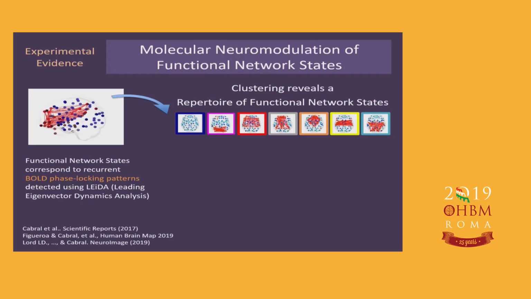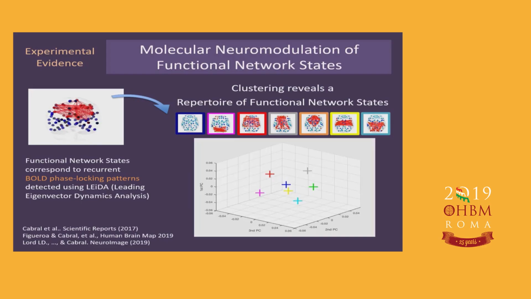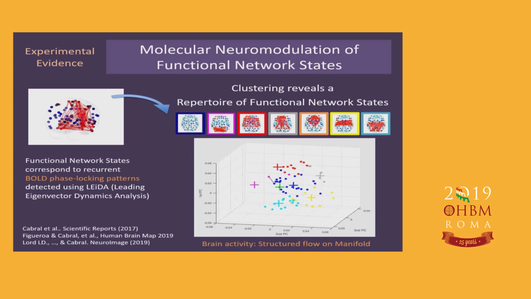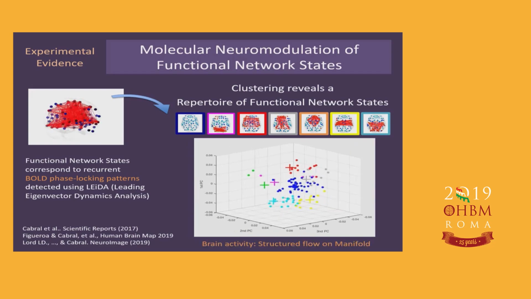But basically, the idea is that we have this repertoire of functional network states, and we can represent it in a low-resolution manifold like Mac nicely introduced. Each cross represents the centroid of each of the functional network states.